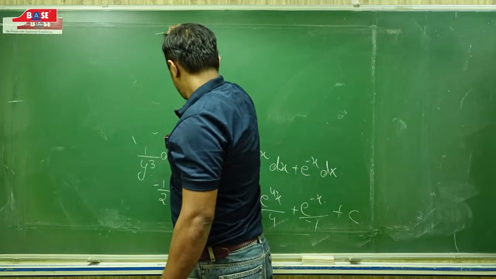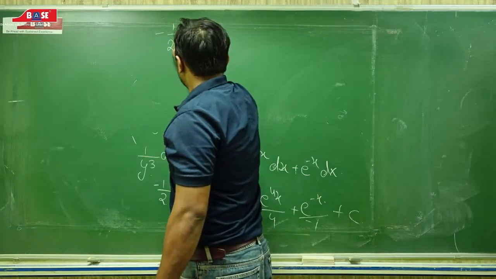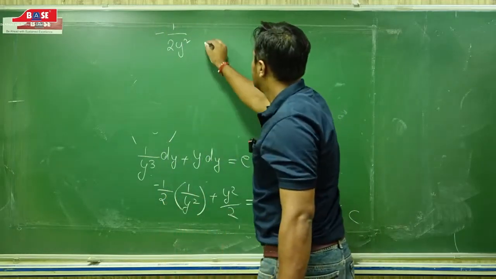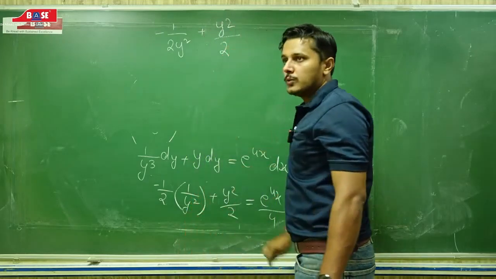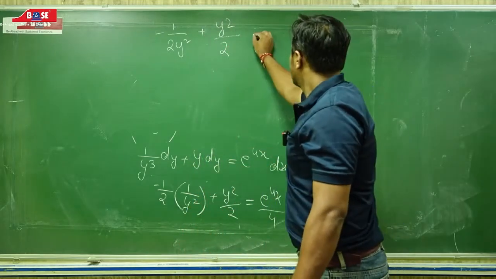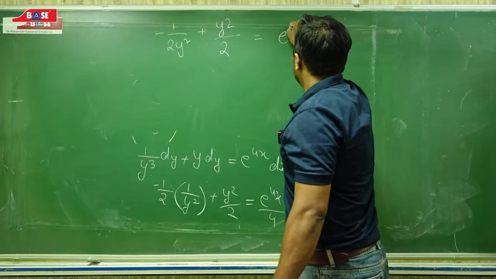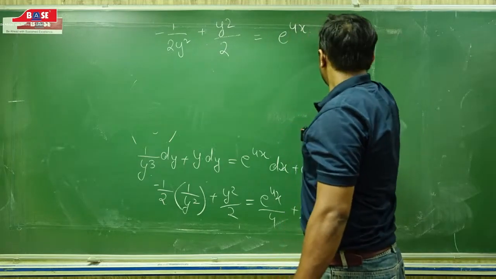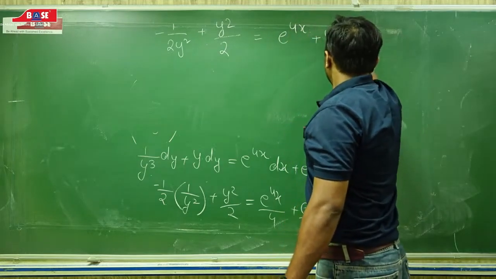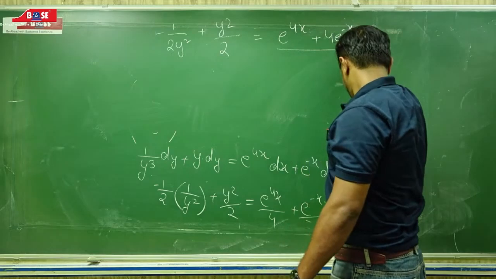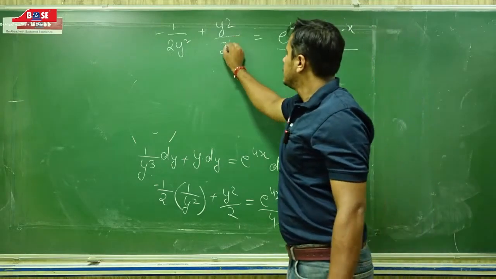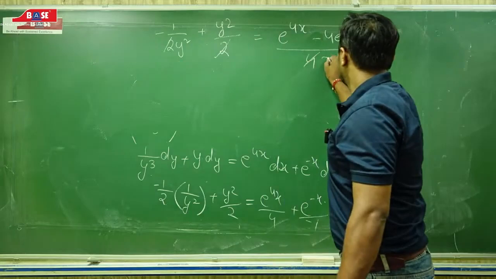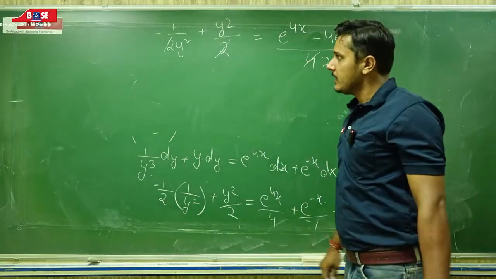So minus 1 upon 2y square plus y square by 2 is equal to e to the power 4x plus 4 e to the power minus x, divided by 4, plus some constant c.